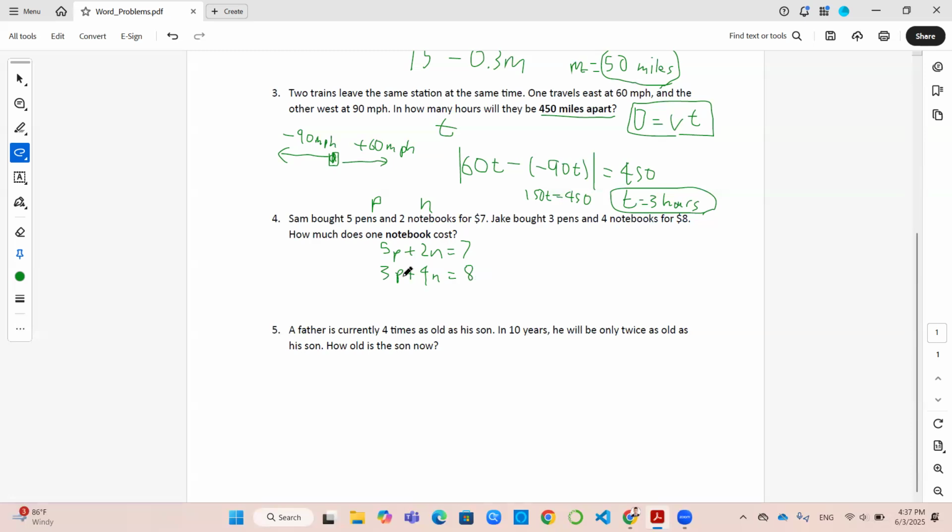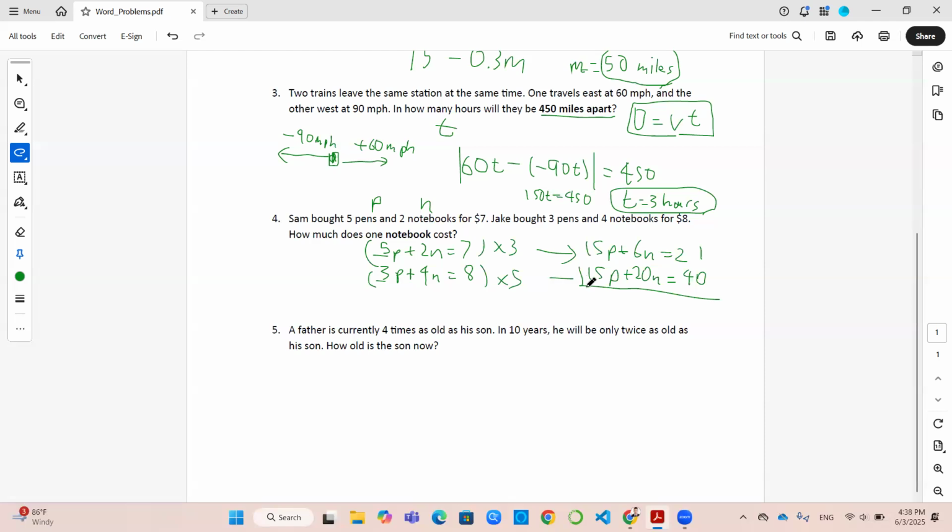So in order to do this, I'm going to try canceling out the P's. If I have a 5 and a 3 here, what is the lowest common multiple between 5 and 3? Well, that's 15. So for the first row, I'm going to have to multiply everything by 3, and the second row, I need to multiply everything by 5. So this becomes 15P plus 6N is equal to 21. The bottom row becomes 15P plus 20N, which is equal to 40.